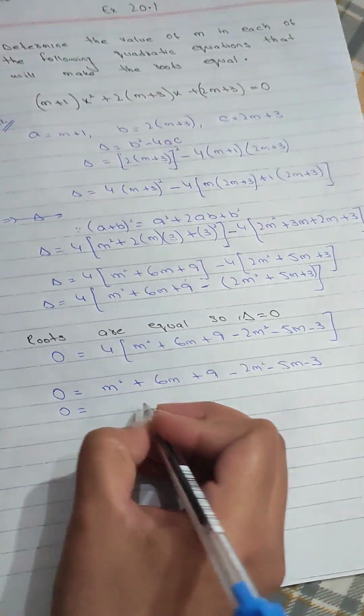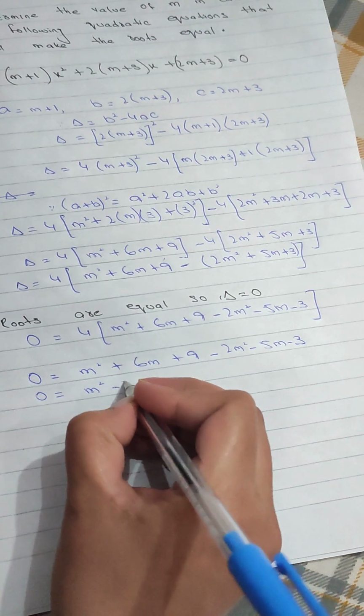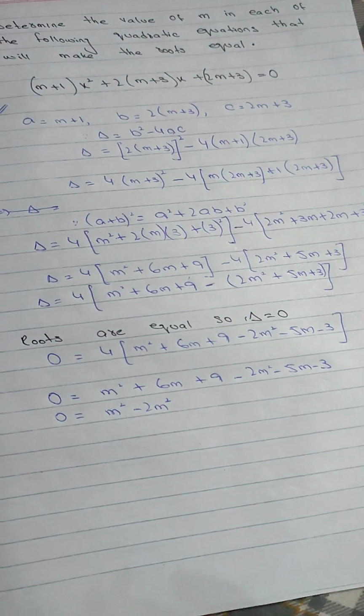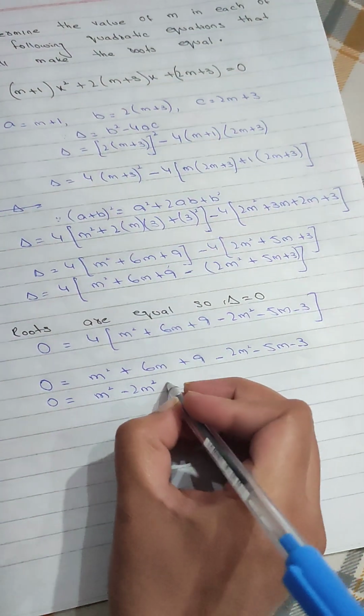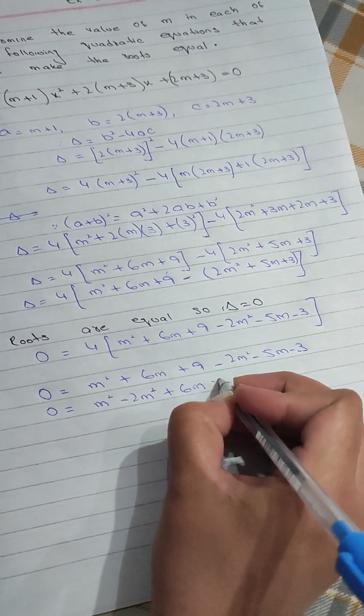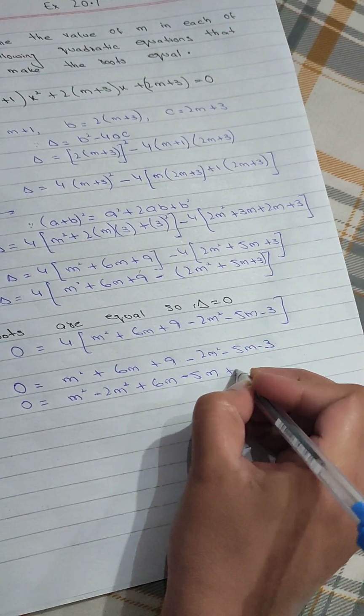Now we will rearrange the values. m square will be written with minus 2m square, same variables will be written together, plus 6m and minus 5m will be written together, and the last is plus 9 and minus 3.